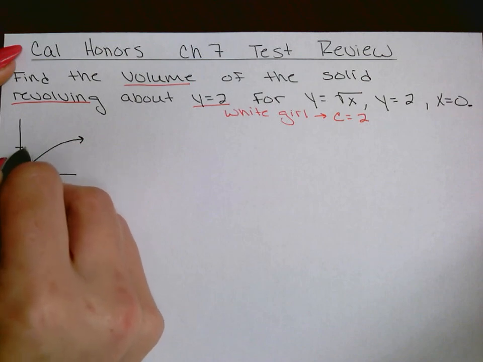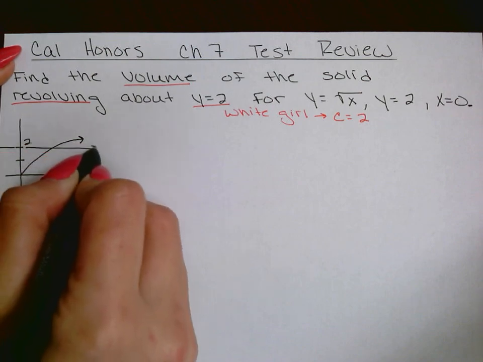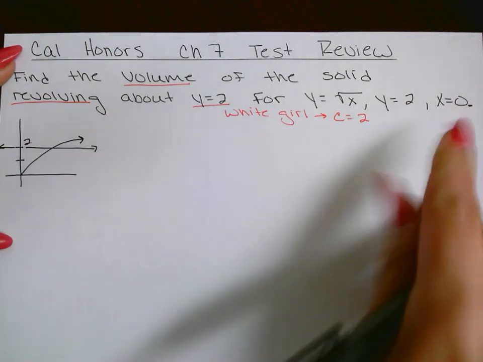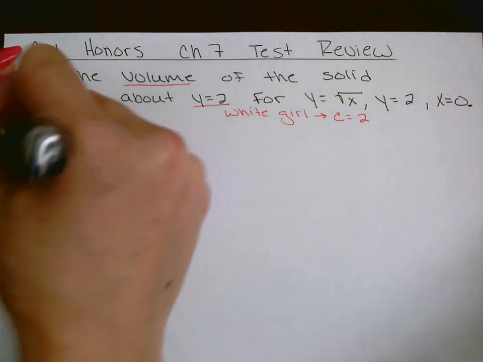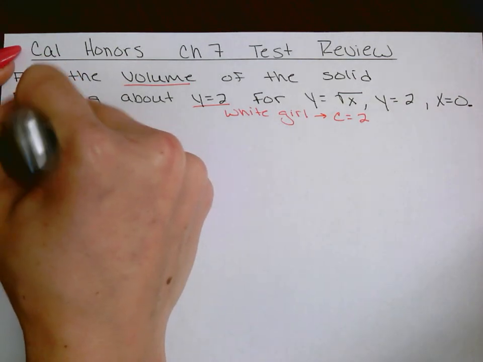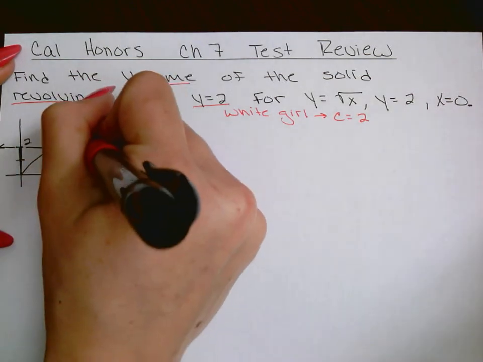Right, just a line at 2. And then x equals 0? Just this axis right here. So we can see this strange little triangular shape that gets enclosed, and then that is going to revolve around y equals 2.